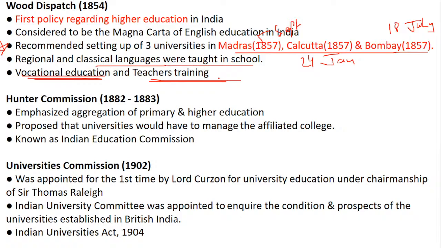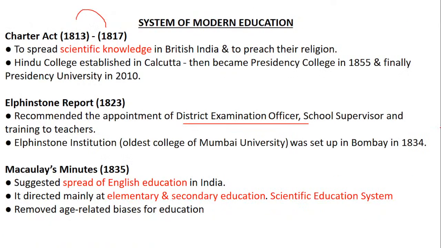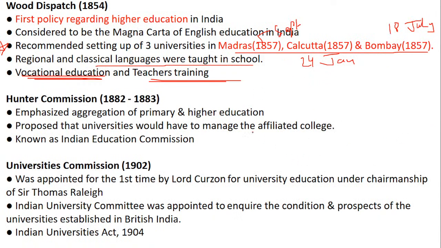Coming to Hunter Commission. It is the one which emphasized primary and higher education, and proposed that the universities would have to manage the affiliated colleges. It is also known as the Indian Education Commission. This was also one of the questions, for example, they asked about the first Indian Education Commission, which was in 1882.